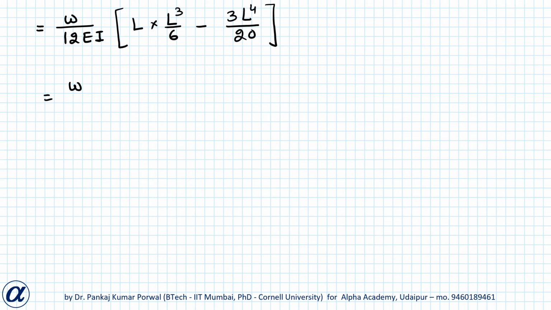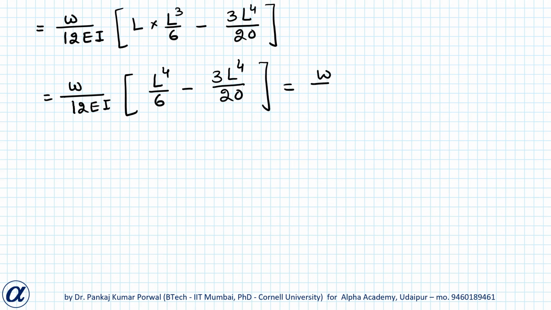So I get w divided by 12 EI into L cubed by 6 minus 3L to the power 4 by 20, that is equal to w by 12 EI times L to the power 4 by 6 minus 3L to the power 4 by 20.